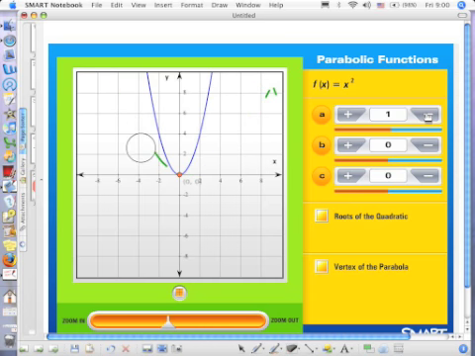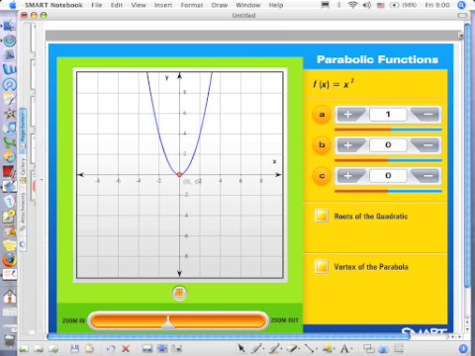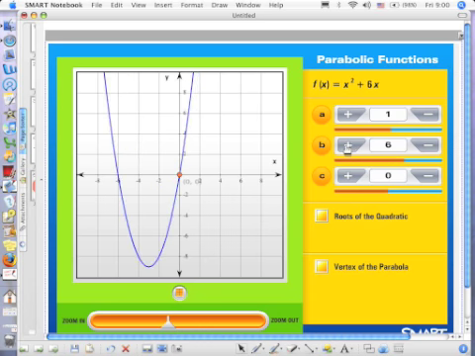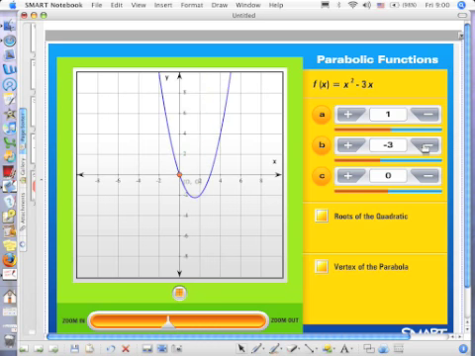Watch what our B term does. I'm going to go back to a basic parabola, okay? All right, watch your B term. What's happening? It's shifting the vertex around the origin, or around the whole graph, actually. Here we go.